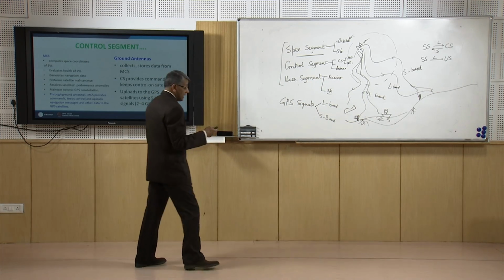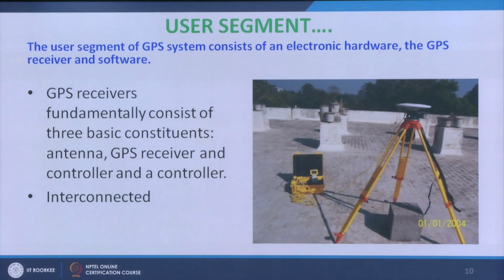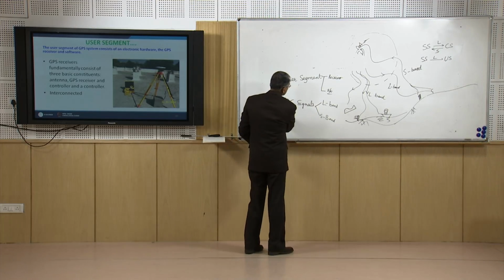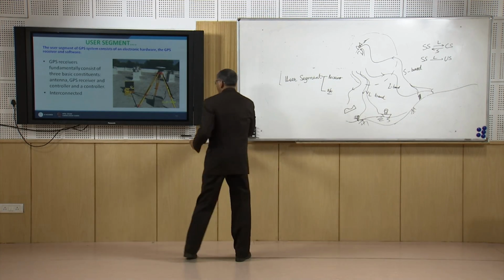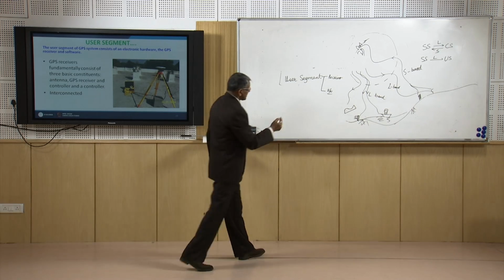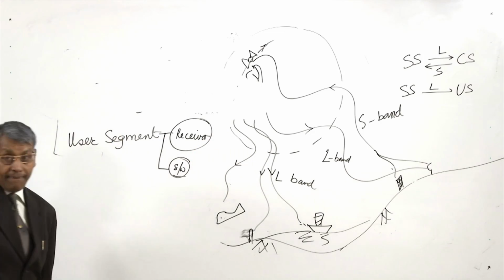For the user, it is the user segment which is most important. So we need to know in detail about the user segment, and also about the signal. In this class I will restrict myself up to the user segment. In the next class I will go for GPS signals. Now the user segment consists of a receiver and software.